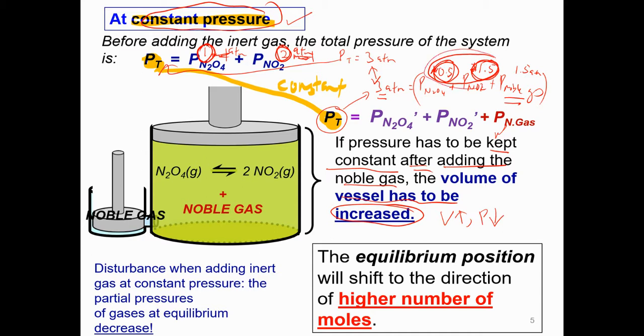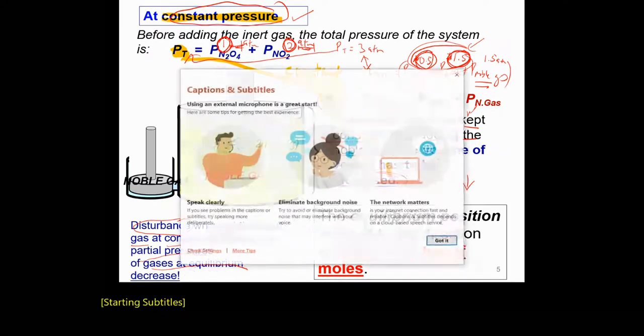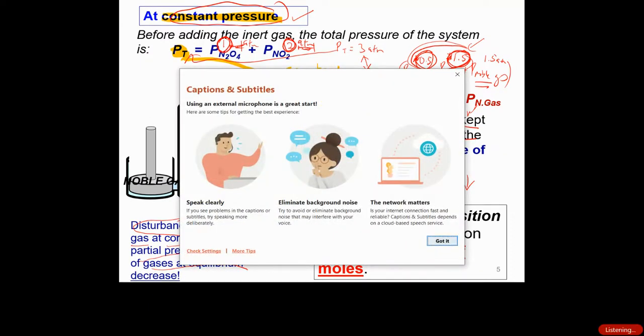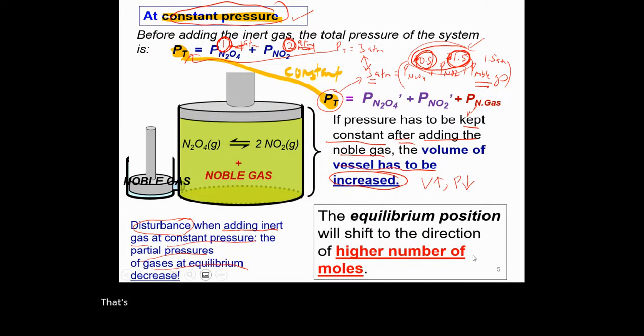Or we can see here also the pressure has decreased. So when we add inert gas at constant pressure, the disturbance is that the partial pressure of gases at equilibrium has decreased. That's why we need to have a shift to the higher number of moles.